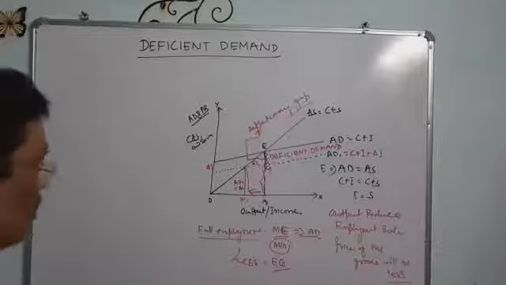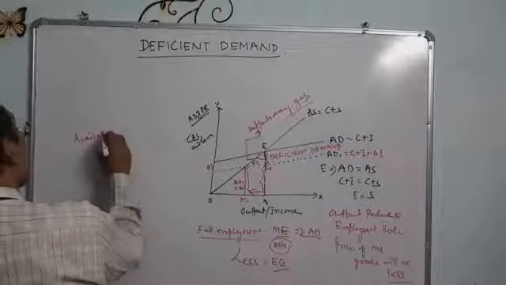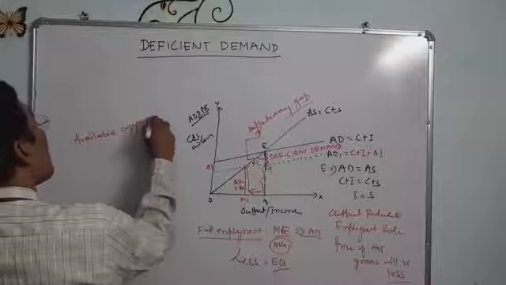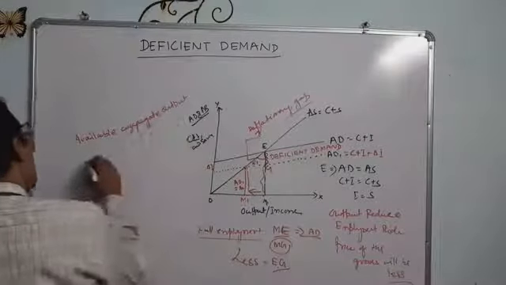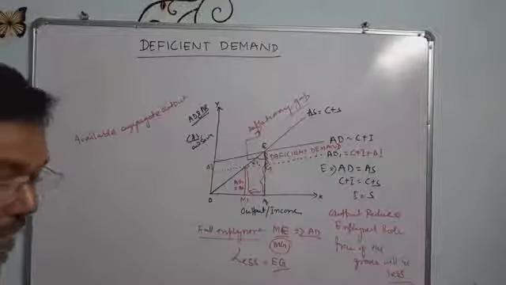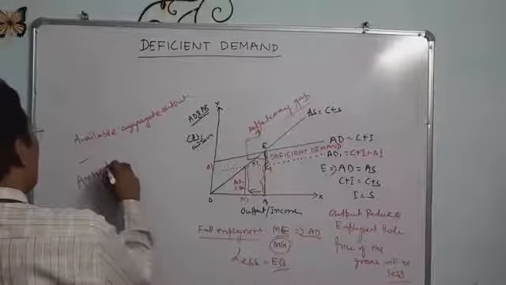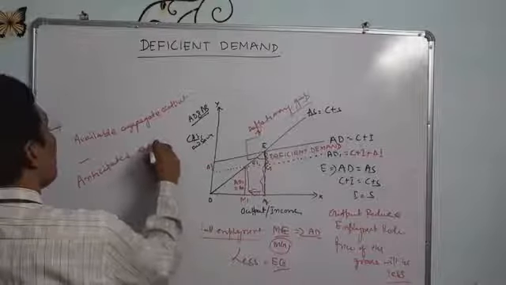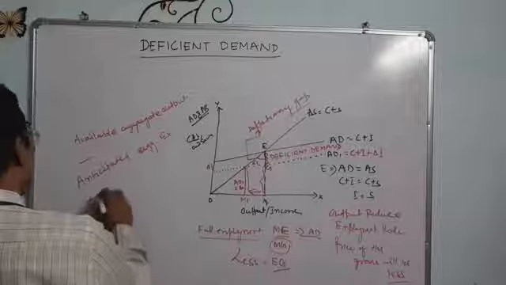Available aggregate output minus anticipated aggregate expenditure is equal to deficient demand.